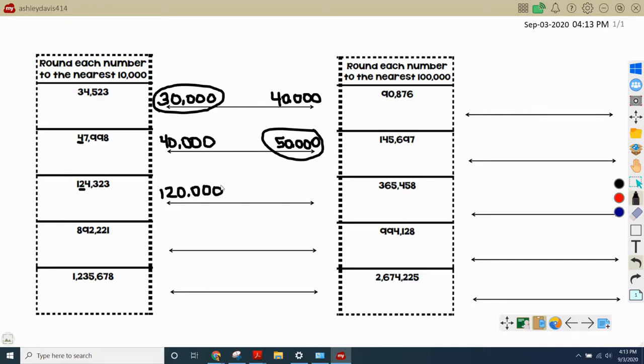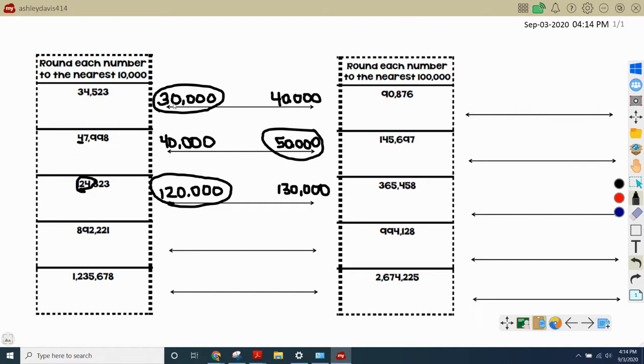Okay, and the next 10,000 on the number line would be 130,000. Okay, so now let's think. Is 124,000 closer to 120 or 130? Well, 124 is closer to 120,000.